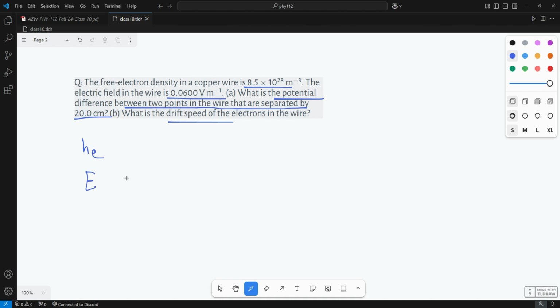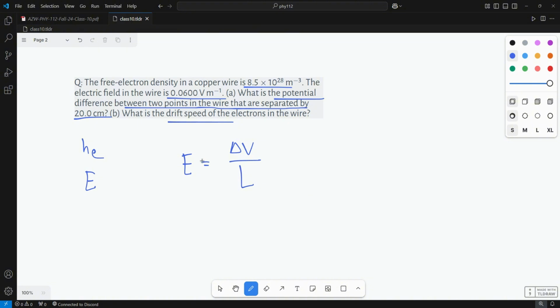Alright, so it asks for the potential difference. We know that E is equal to potential difference by distance separating them.